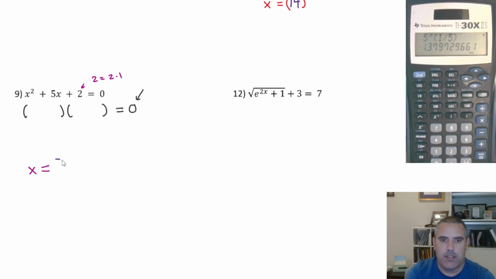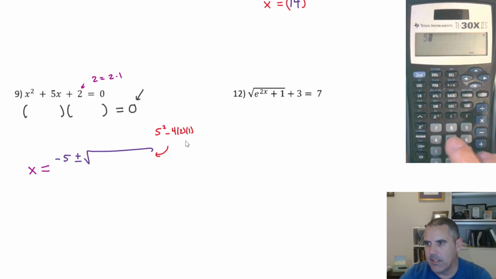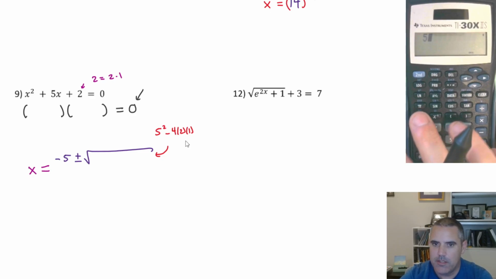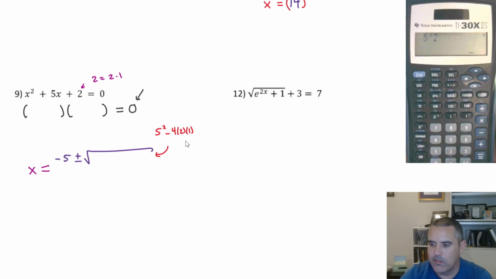So then we're going to do negative 5 plus or minus square root b squared minus 4ac. And I've told my students that when I do the quadratic formula, I usually don't write b squared minus 4ac. I just do that part in my calculator. So I do, and in this case I don't need my calculator, but I'll do it anyways. B squared, which I could have used the square button, I don't know why, minus 8.